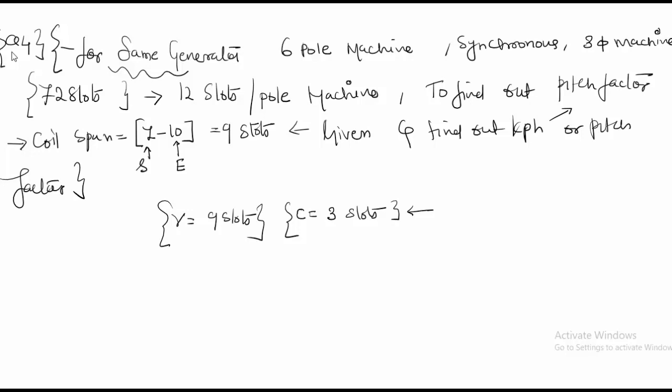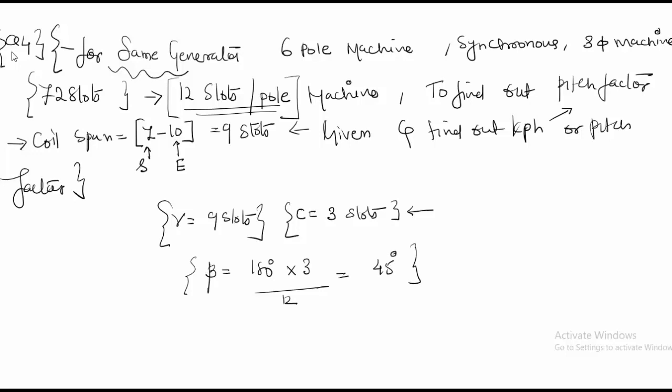So calculate my beta, the angle by which it is short pitched, given by beta is equal to 180 degrees into the number of slots which are falling short. So per pole the slots should be 12, but it is falling short by 3. So again divided by the number of slots will give me a beta of close to 45 degrees.